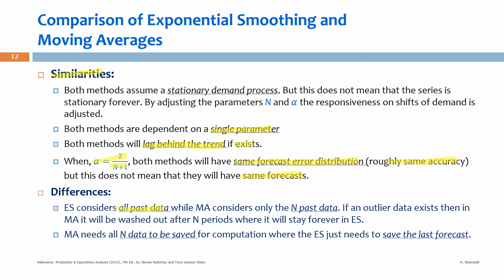If we have an outlier in the series, it will be washed out after n periods in moving average, but it will stay in exponential smoothing forever. Also, moving average needs all n data points to be saved in our algorithm or application for computation, but in exponential smoothing we just need to save the last forecast. So these are the similarities and differences between moving average and exponential smoothing.